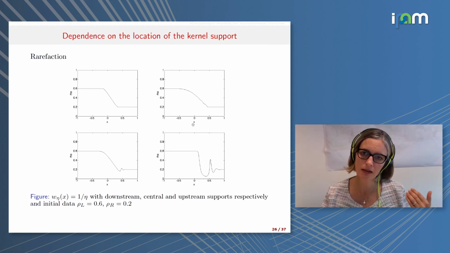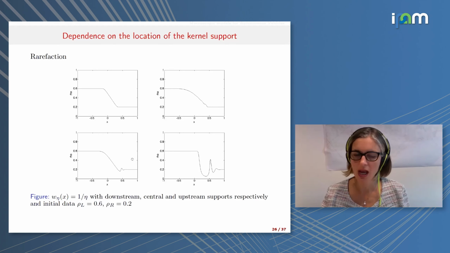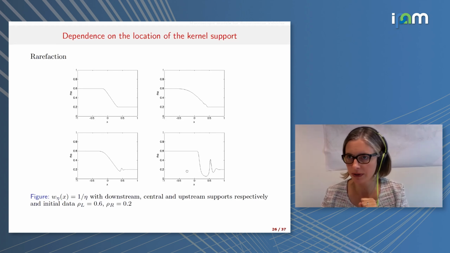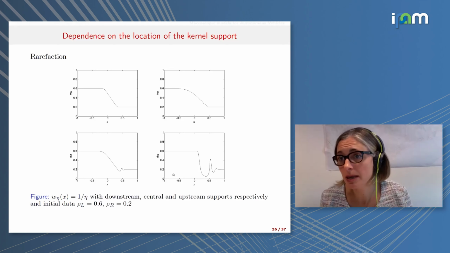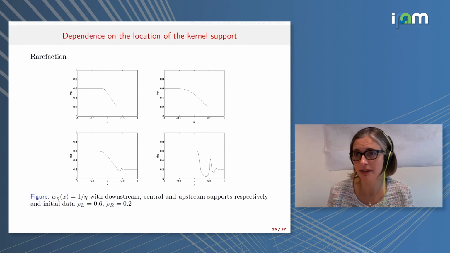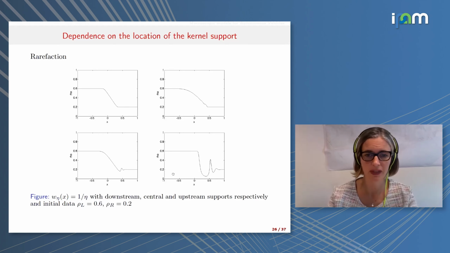If I'm taking the downstream kernel, everything looks right. But if I'm taking the central or upstream kernel, you see that oscillations appear, okay? I mean, this may be true, but this is what happens to the model.